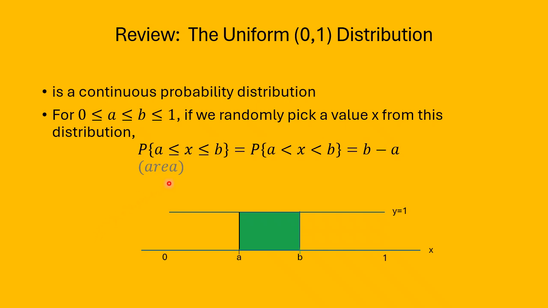If you want to find the probability that, if you randomly pick a value x from this distribution, that value x is between two numbers a and b, we're assuming that a and b are between 0 and 1, it'll be the area of this rectangle. The height of this rectangle is 1, the base is b minus a, and 1 times b minus a is the area, which is just b minus a.